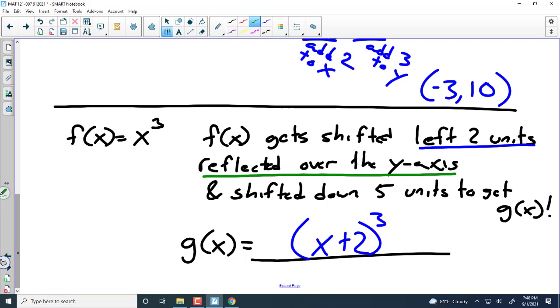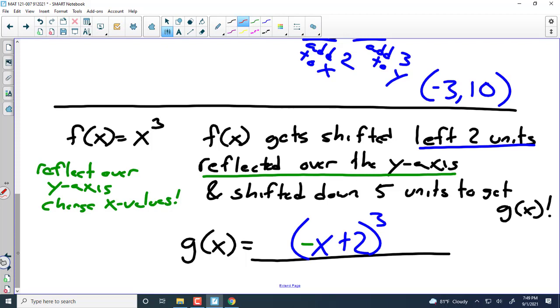When you reflect over the y-axis, you change the x values. It actually says that earlier in your notes. You can verify that later. So if we're changing the x values, where does the minus sign go, on the inside or the outside? Inside. And then finally, the easiest one, I think, shifted down 5 units. What do we put and where do we put it? -5 on the outside.